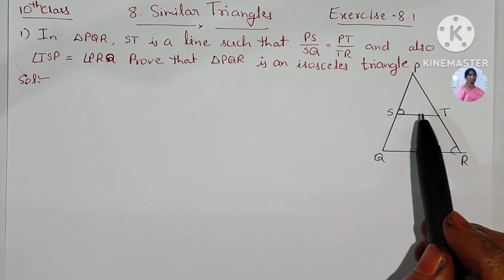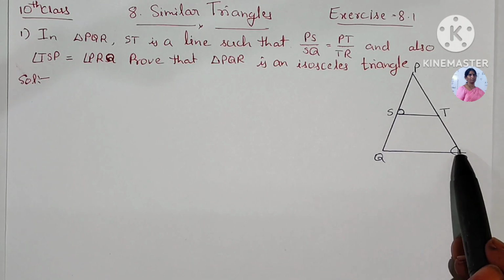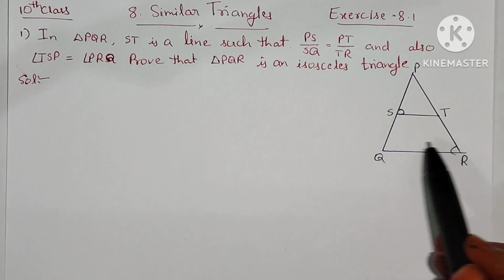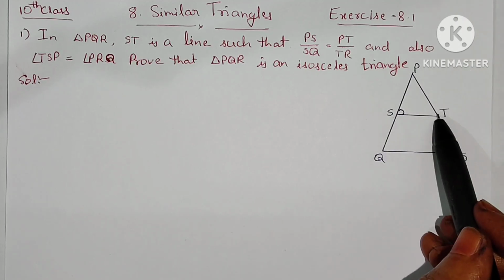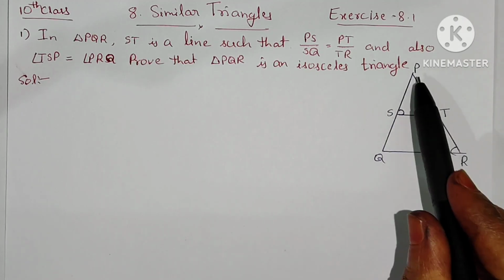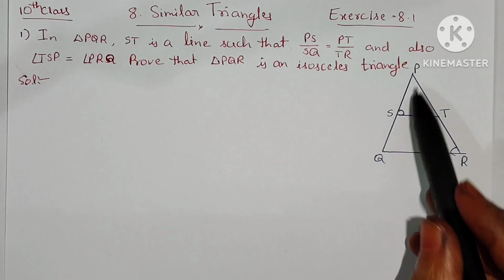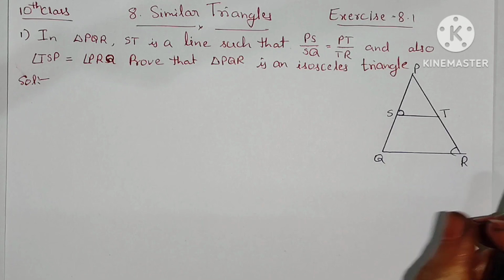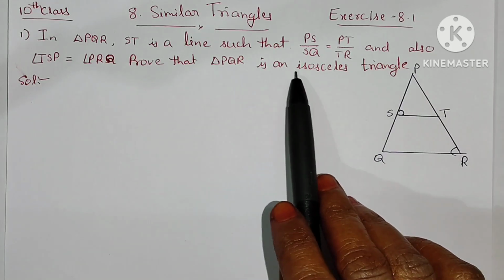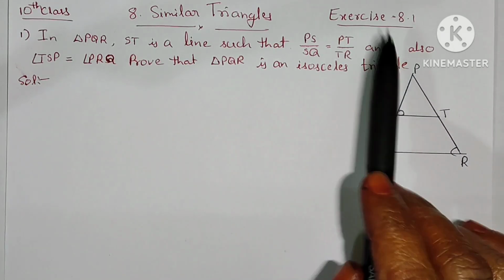These two angles are equal. If two angles are equal, then the opposite sides are equal. Opposite sides means PQ equal to PR. Two sides are equal, so PQR is an isosceles triangle. So we can write that.